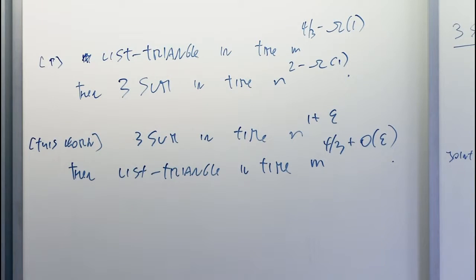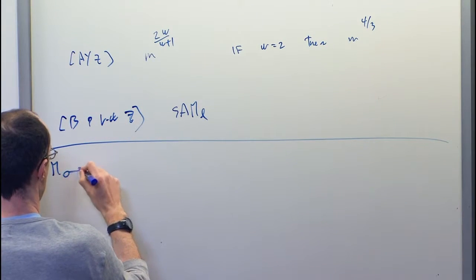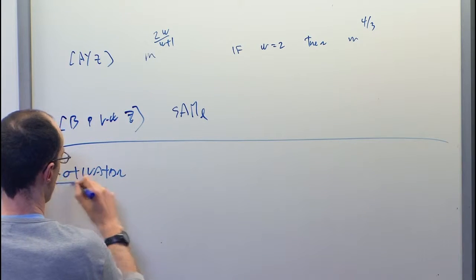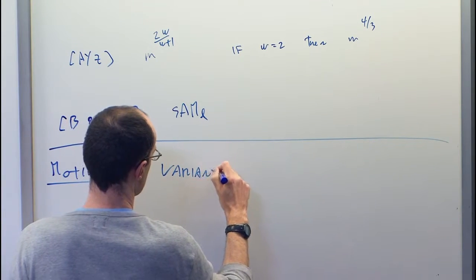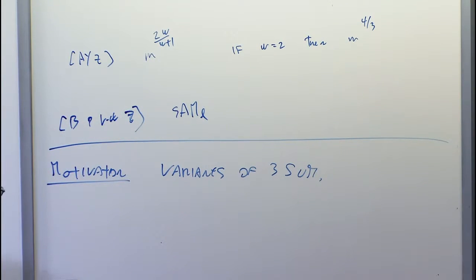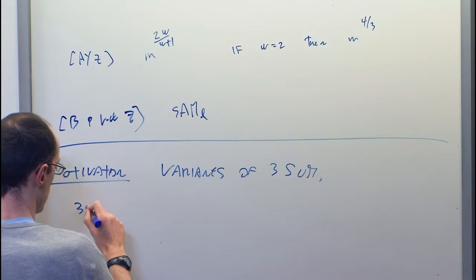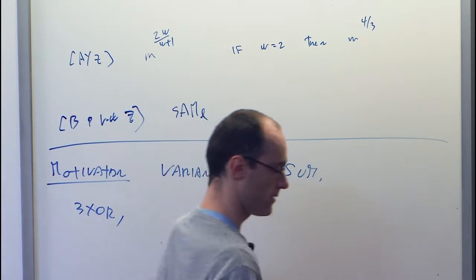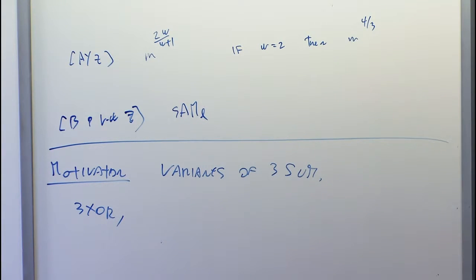But there is another, less obvious motivation, which is the one about variants of 3-sum. Let me just try to put it here. So let me consider the problem which I'm going to call 3 XOR, which is the same thing as 3-sum, but over the domain GF2 to some power t.